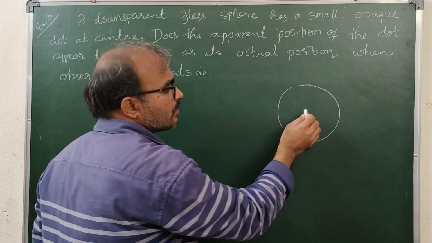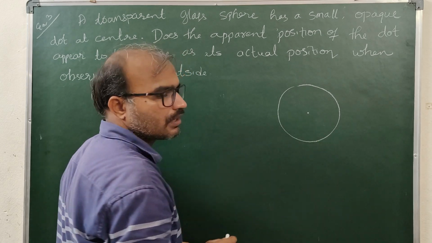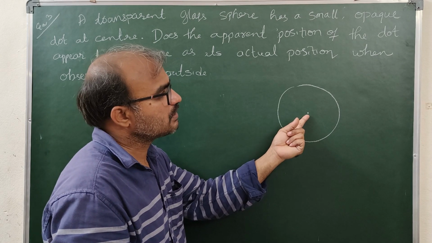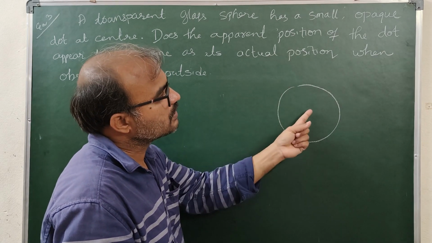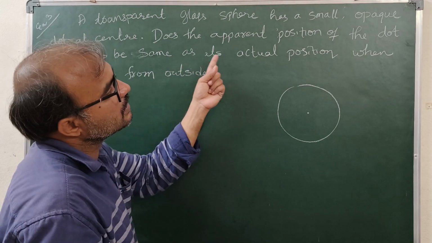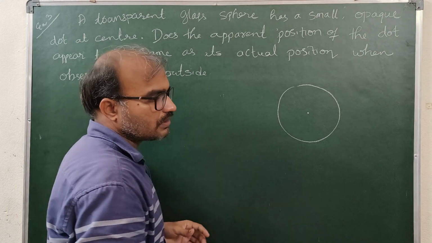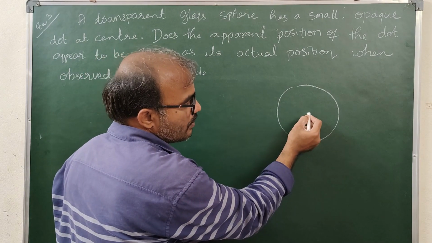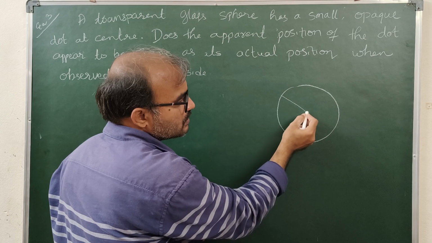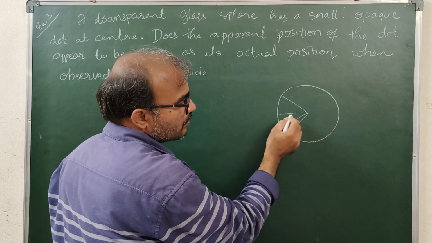Whatever we have discussed now, right? If the image is also formed here, image and object will be at the same place. Nothing but the apparent position of the dot appears to be the same as its actual position. So in a general discussion, if we take some rays from this, in what direction will they be? They are all along the normal, right?